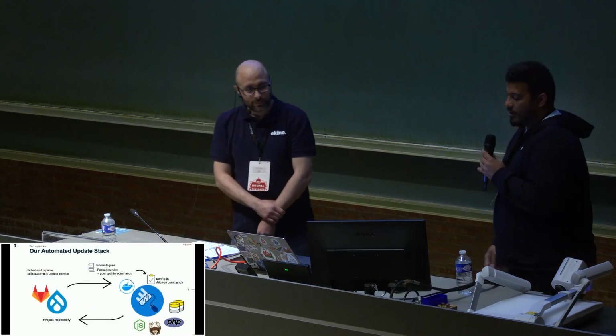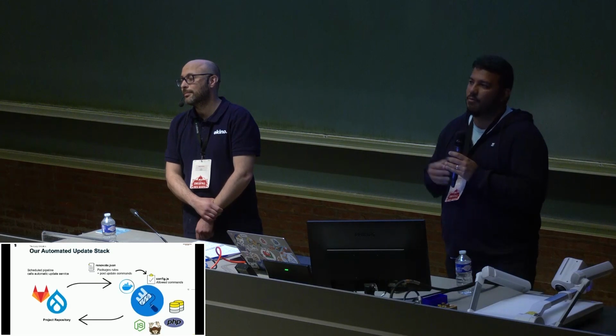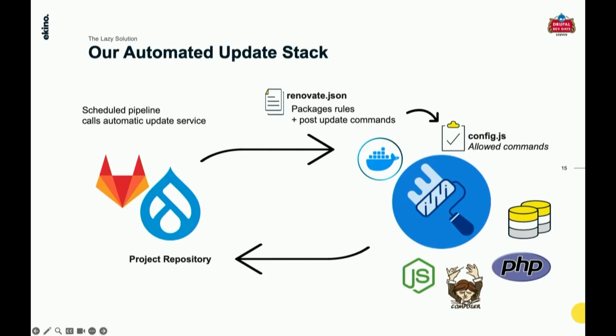Well, when we have all of that, you have your repository with GitLab or Bitbucket or GitHub. And this repository runs your CI in a scheduled pipeline. And this scheduled pipeline is composed of some dependencies. So we need to run Drupal for the update and run all the commands needed for the configuration. So we need a database, PHP and Composer to install and update your dependencies, but also JavaScript to run Renovate.